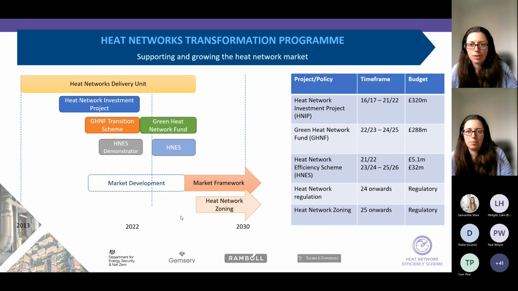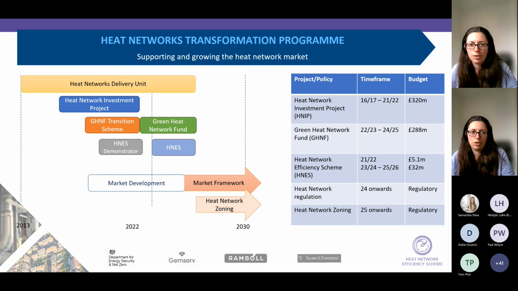I'm sure many of you are familiar with this diagram. It gives you an overview of the Heat Network Transformation Programme. It shows the history behind the different heat network funding schemes from DESNZ. We've got the Heat Network Investment Project, which launched in 2018 and was designed to support the development of new heat networks.